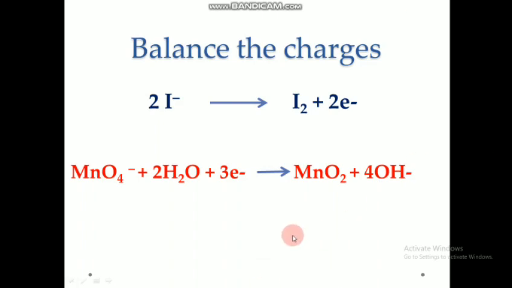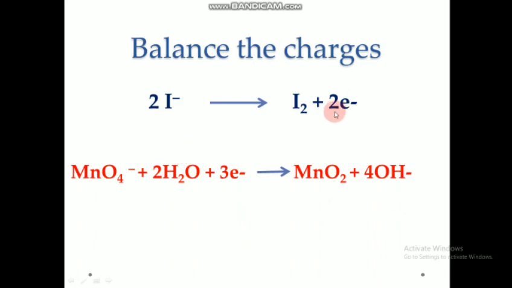So now the problem is, the number of electrons in the oxidation part should be equal to the number of electrons in the reduction part. Here we have 3 electrons and here we have 2 electrons. We cannot get the same number by multiplying just one of the reactions, so we multiply both equations with appropriate numbers so that they become equal.